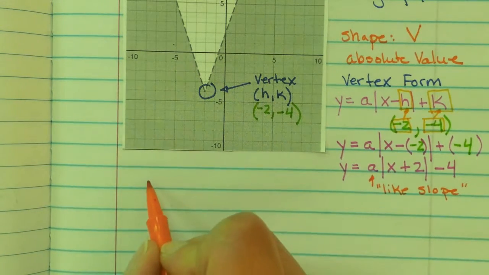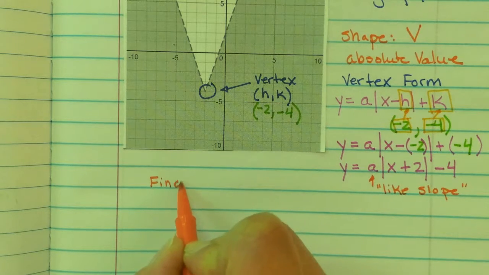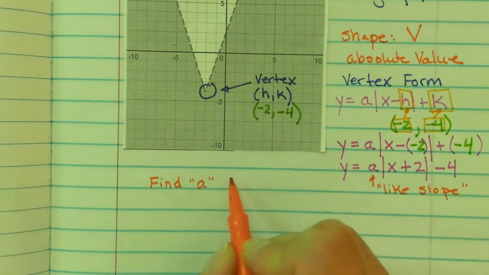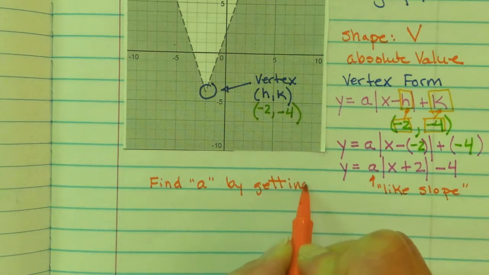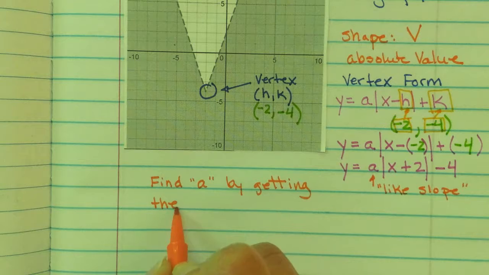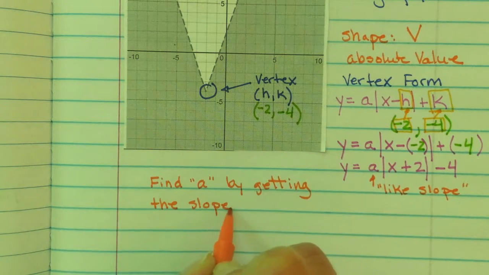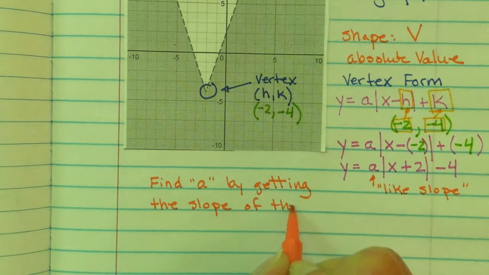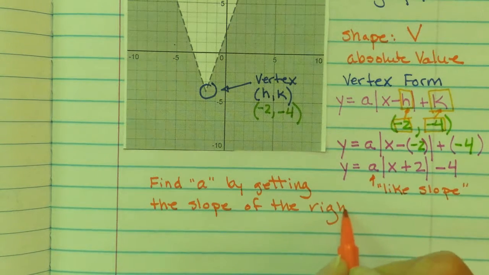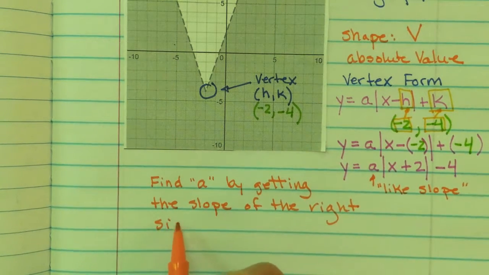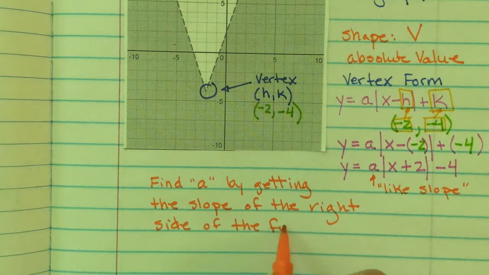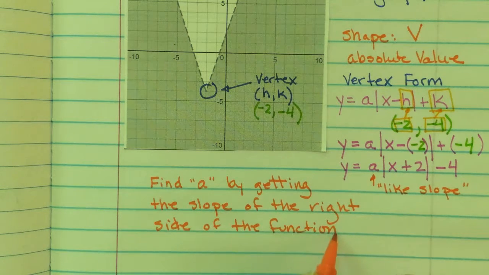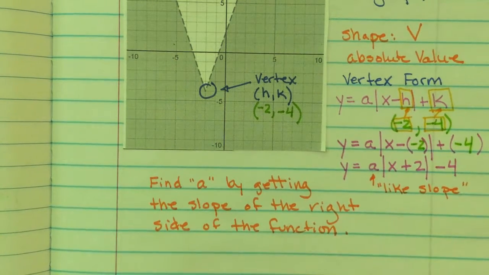So we're going to find a by getting the slope of the right side of the function. It's very important that we just look at the right side.